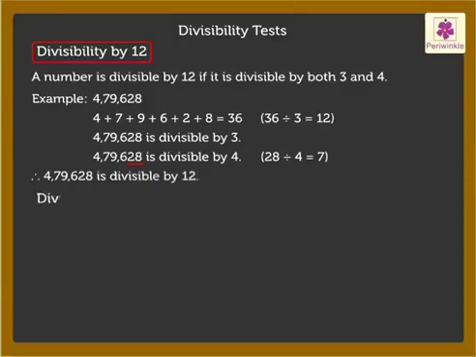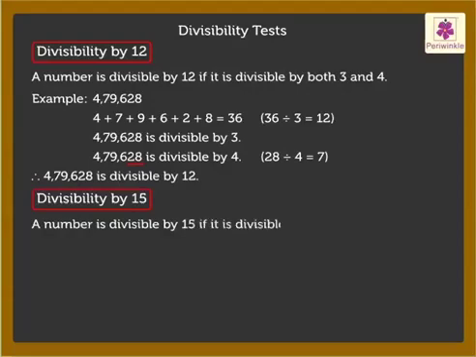Lastly, divisibility by 15. A number is divisible by 15 if it is divisible by both 3 and 5. For example, look at the number 5,60,955.